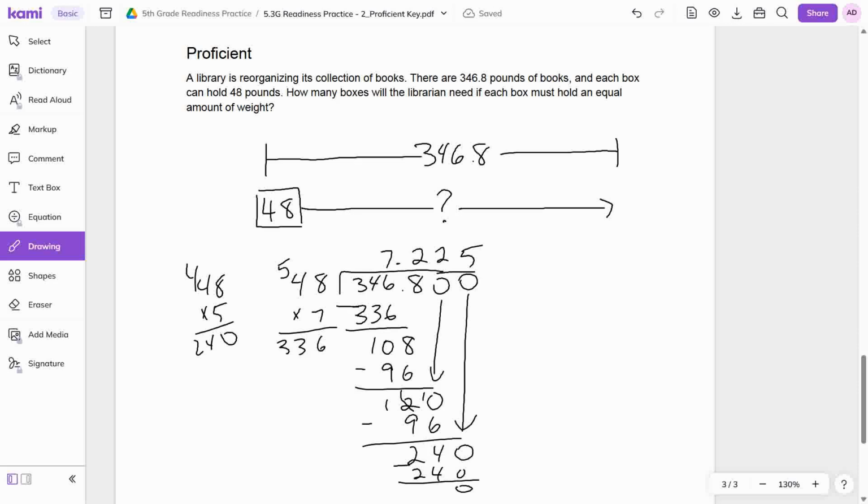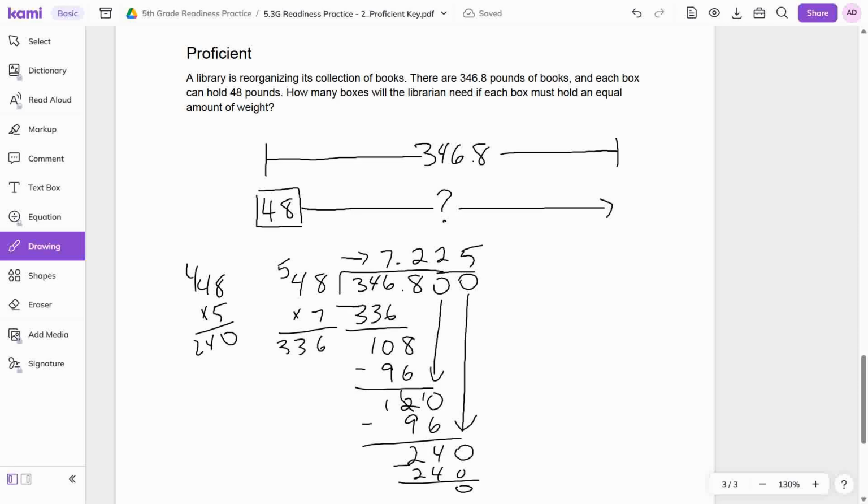So how many boxes will the librarian need? Well, here's our answer. Our answer is 7.225. Since these are boxes, we're going to assume that we can't have 0.225 of a box.